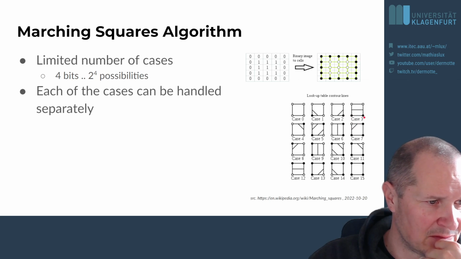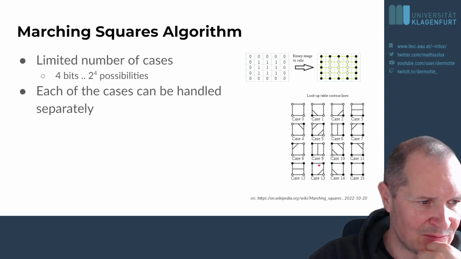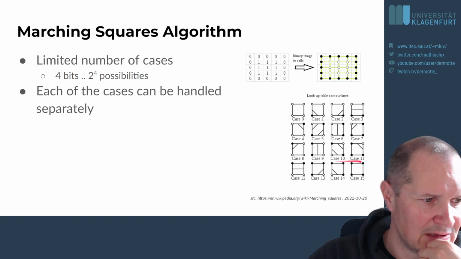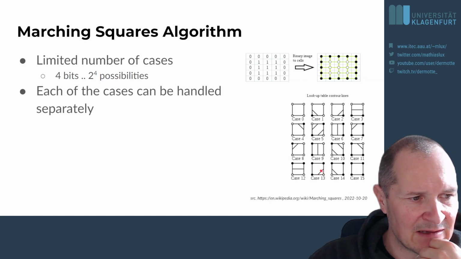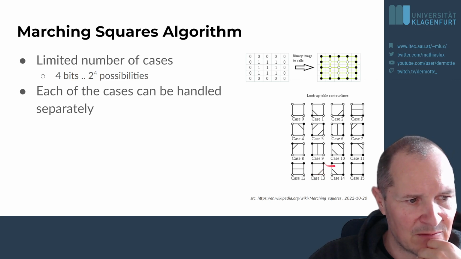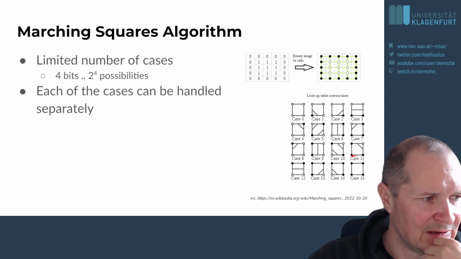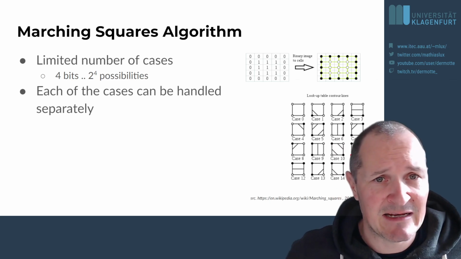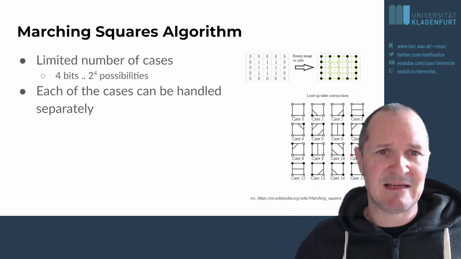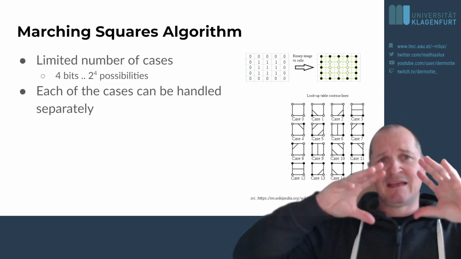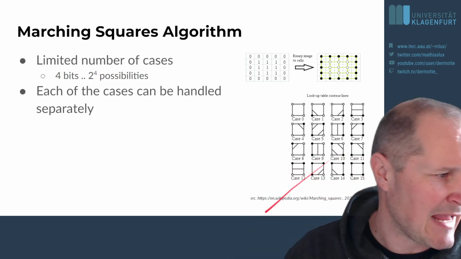Then we have 2 to the lower level, 2 to the upper level, and 2 to the side, left and right. 4 cases more. Then we have the full case, where all of them are 1. And then we have these 3 being 1, and the diagonals. So case 10 here. Each of these cases can be handled separately. What we can then do is create an image for each of those cases and just add them together.